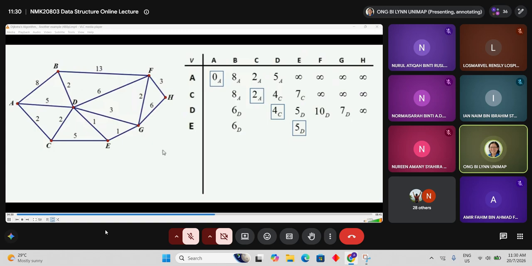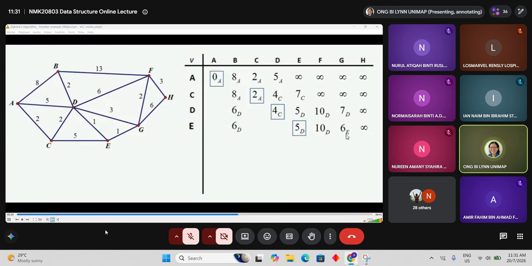Can I get from E to F? No, so that 10 will stay unchanged as well. I can get from E to G, though. So 5 plus 1 is 6. That's an improvement over the 7 that we had. So I mark a 6 here, and we came from vertex E. So that's the subscript. And I still can't get from E to H, so there's still no path yet that brings us to vertex H. So this row is done.